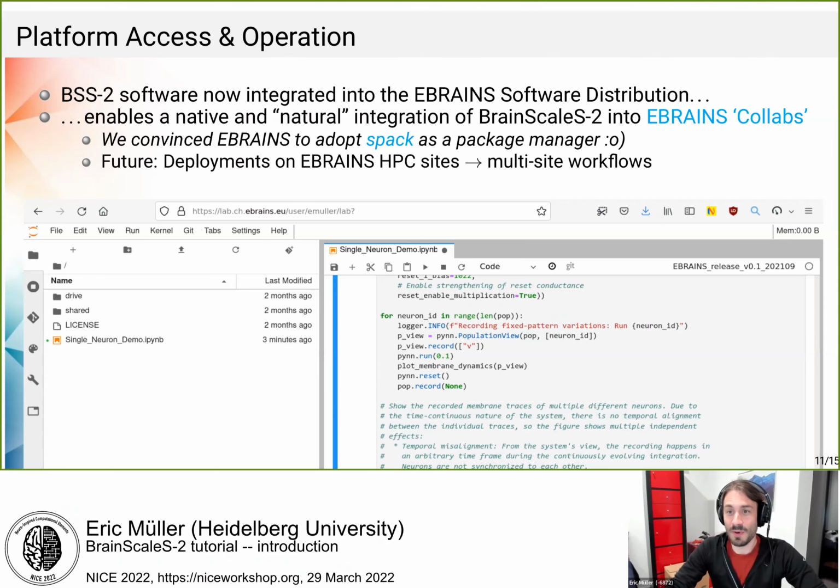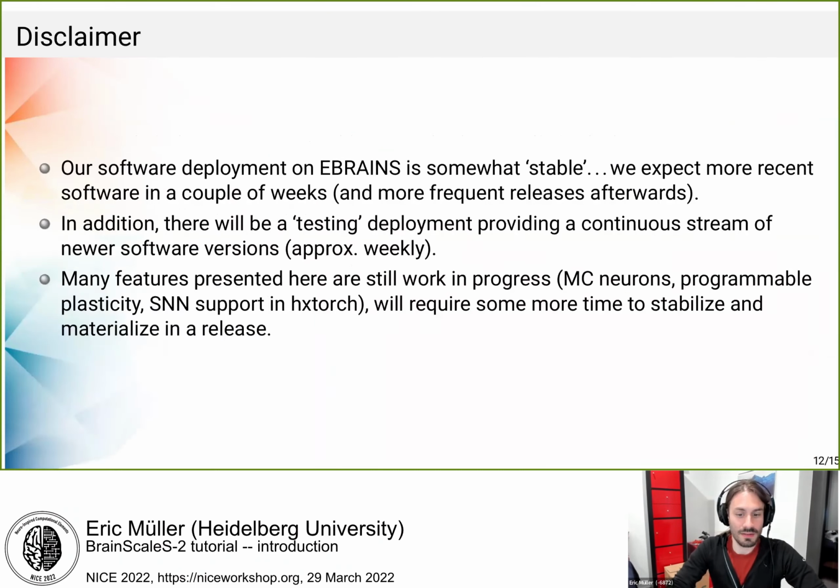Disclaimer, obviously that's the perfect state. What we have currently is that the eBrains software distribution is still somewhat, I call it stable. If you know Linux distributions, think of Debian stable. No, it's not as bad, but it's already half a year old.